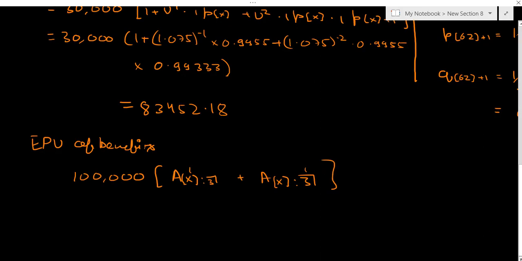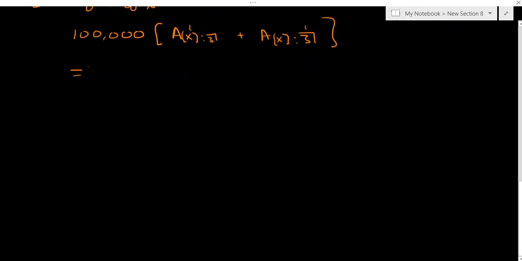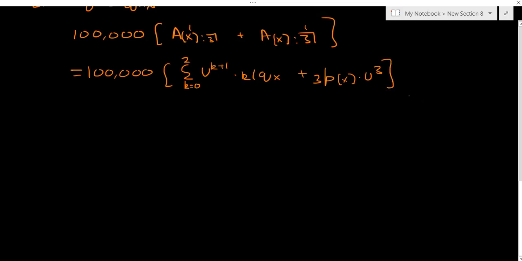And if I try to evaluate this, it just becomes 100,000 into the sum over k going from 0 to n minus 1 of v to the power of k plus 1 into k deferred q_x. That's your definition. And this is obviously payment on survival. So if a person aged x survives for 3 years, there's a payment of v to the power of 3. Okay, so that's your payment.